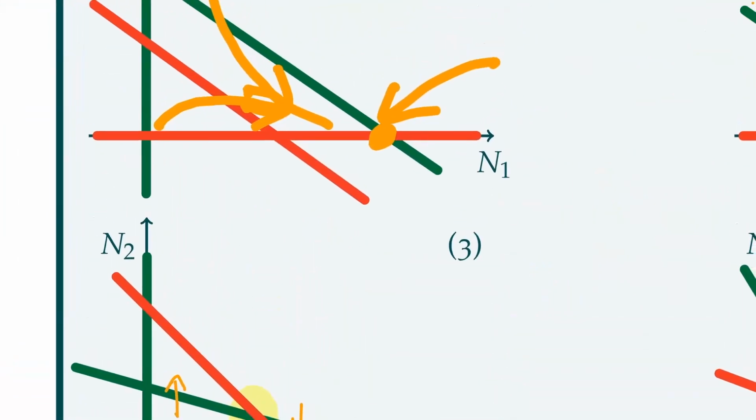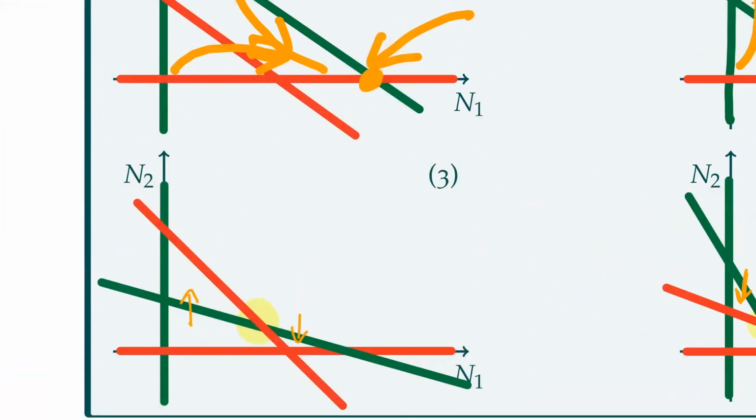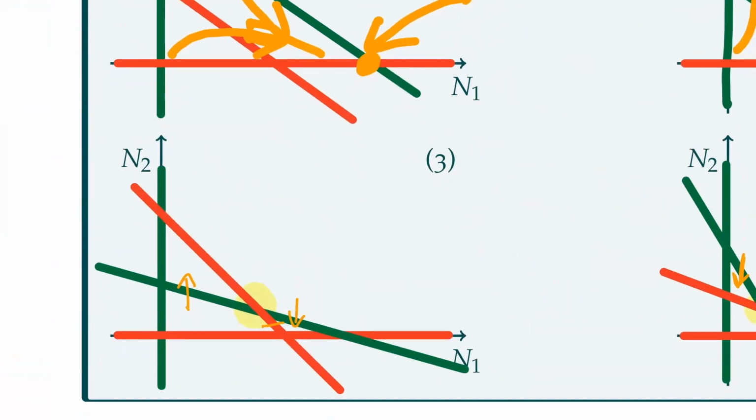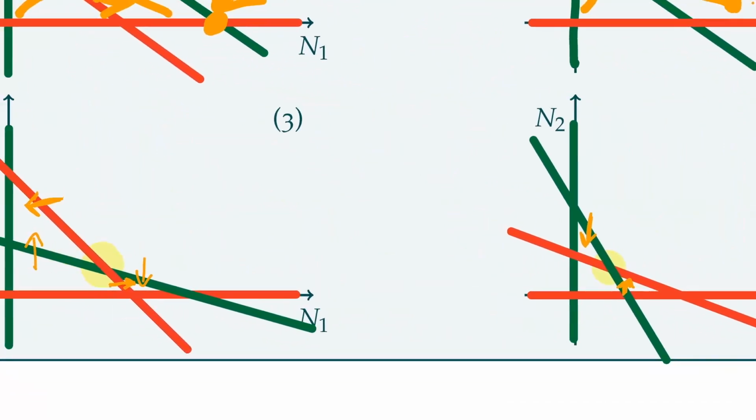On the red null line, we move right when our red null line is below our green null line. And we move left when our red null line is above our green null line. So here. We apply the same over here. We move right when our red null line is below our green null line.